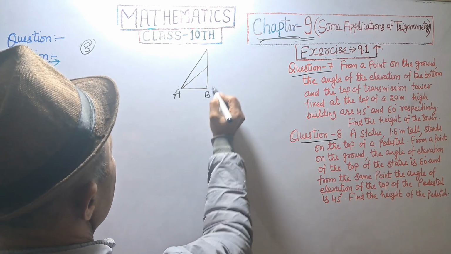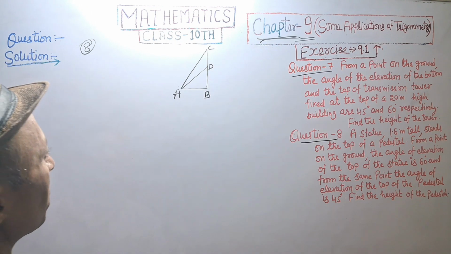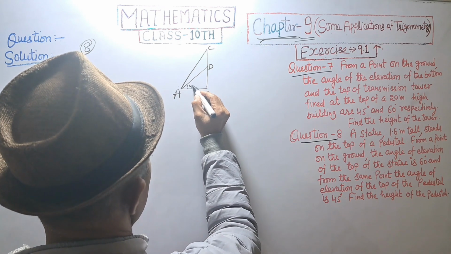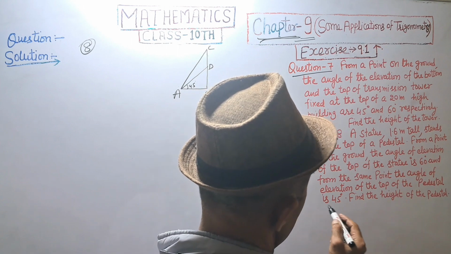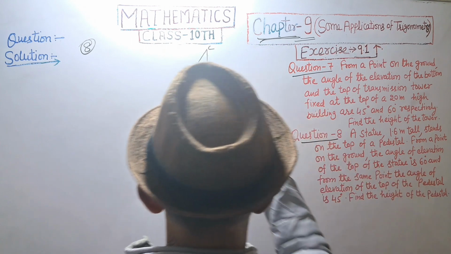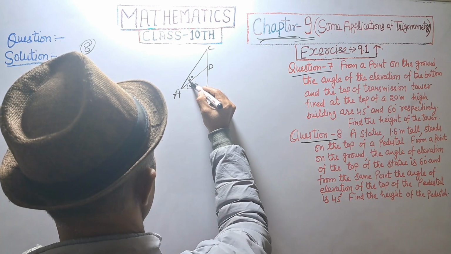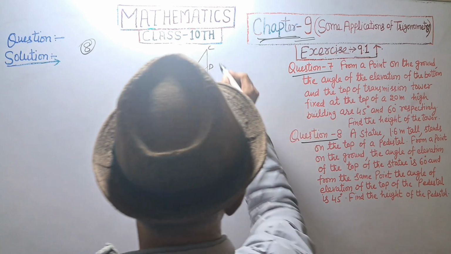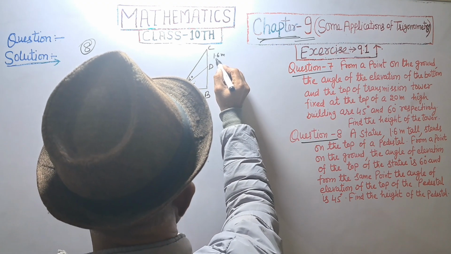A, B, C, D. Angle 45 degree and angle 60 degree. 1.6 meter.